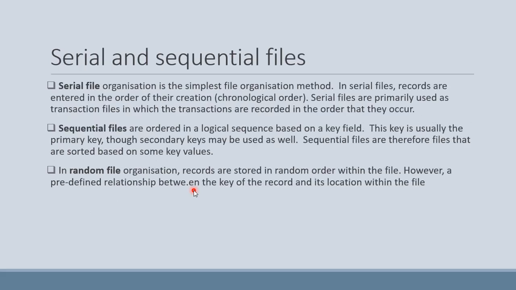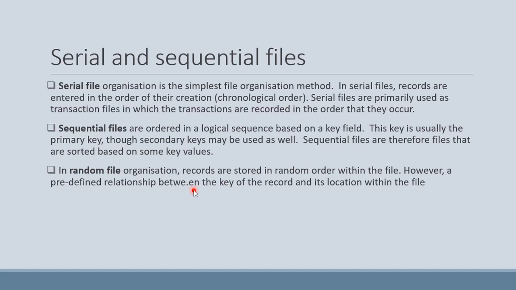There are different types of files in which the data is arranged. There are serial files. Inside serial files, the data is entered in the order of creation. That is, the first created data will go to the first memory location, the second created data to the second, and so on. So it is ordered, all the data entered is in chronological order.